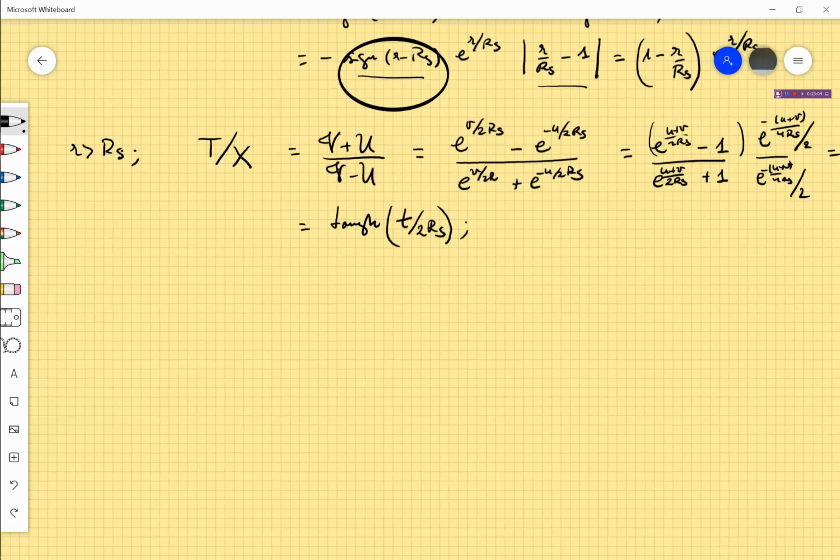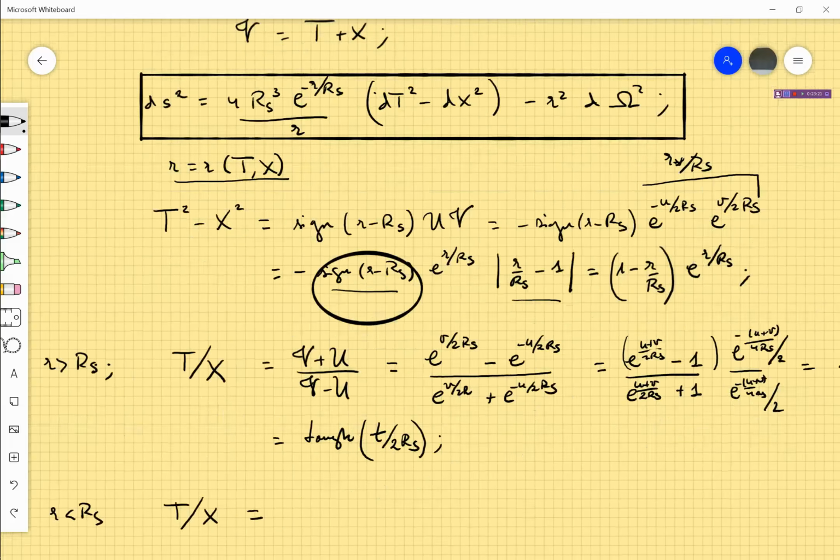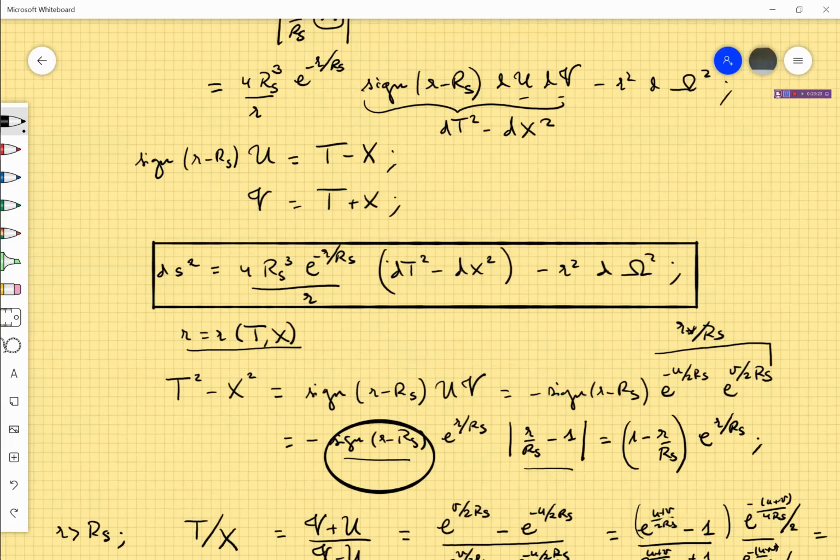And if r is smaller than rs, when you take this quotient, the main difference is in these signs, because of this sign here.